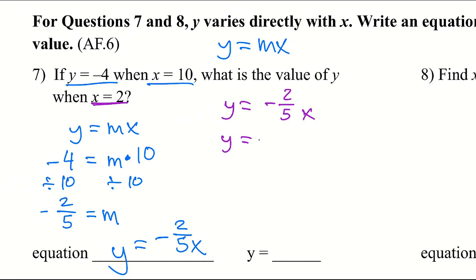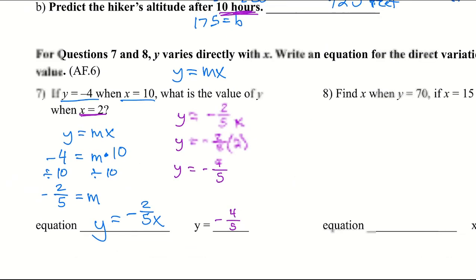So y equals -2/5 times 2. I got -4/5. That's the first one. Number 8, we're going to do the same thing.